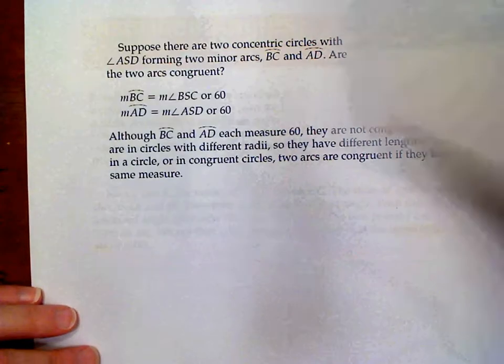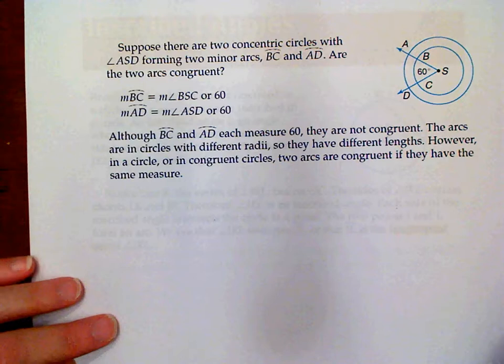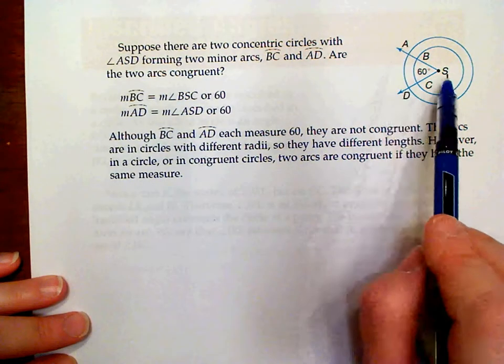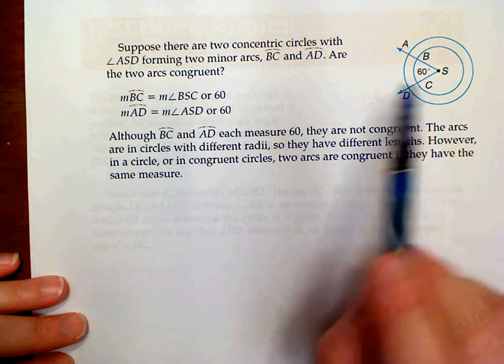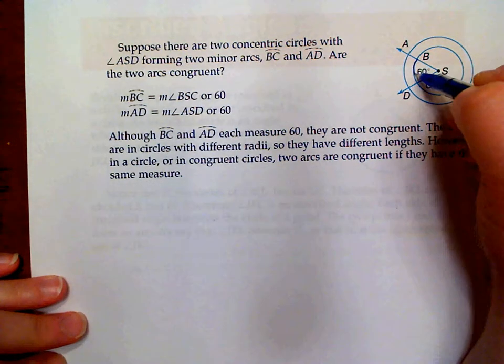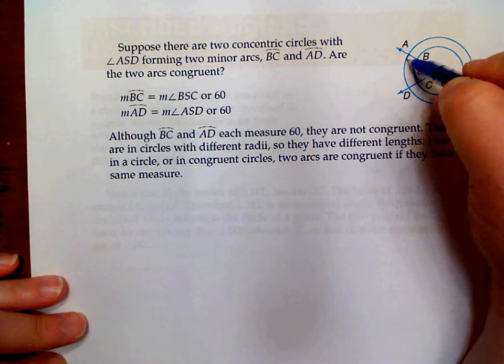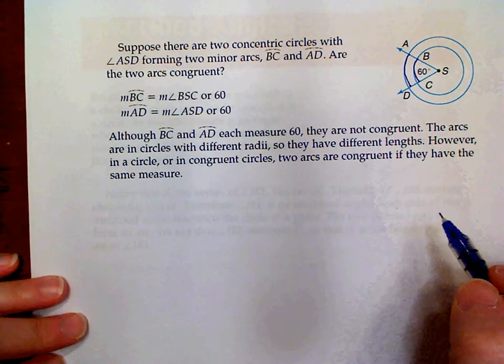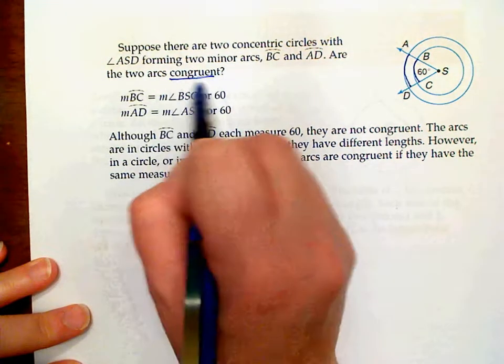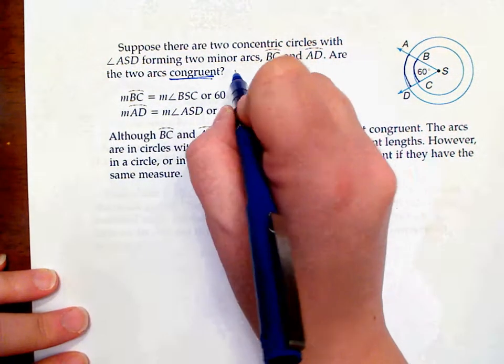So suppose that there are two concentric circles, and you have angle ASD that is forming two minor arcs. It's forming minor arc BC here and minor arc AD on this circle. Are the two arcs congruent? This is important to understand. When you're talking about congruency, you're talking about length.